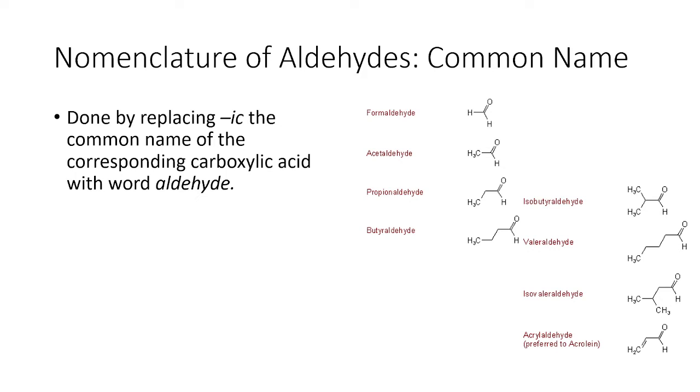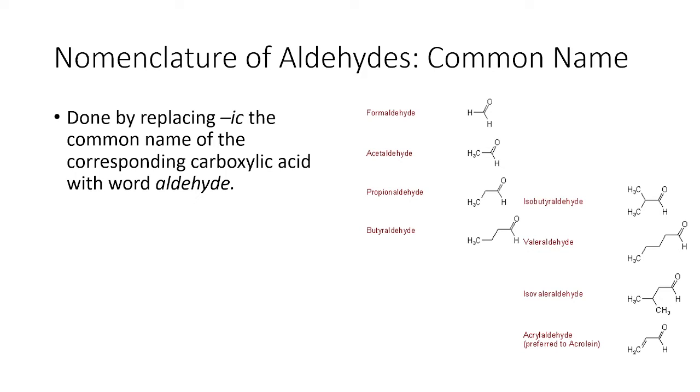And we have propionaldehyde, butyraldehyde, isobutyraldehyde, and so on and so forth. Okay? So basically, mas magiging mahirap ang common names ng aldehydes kasi it has more memorization, more on memorization yung mangyayari when we talk about common names.